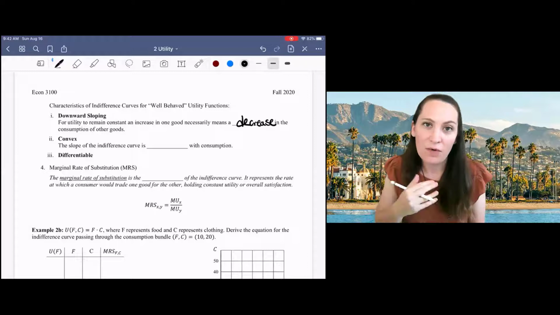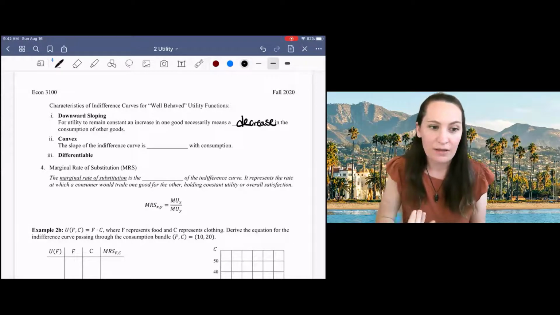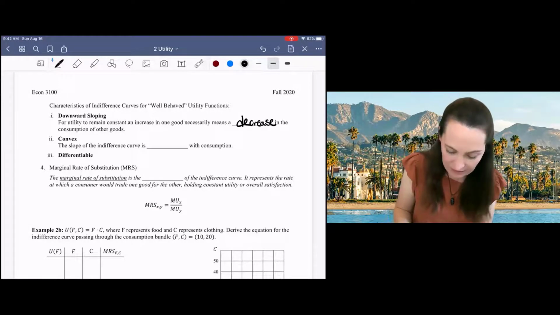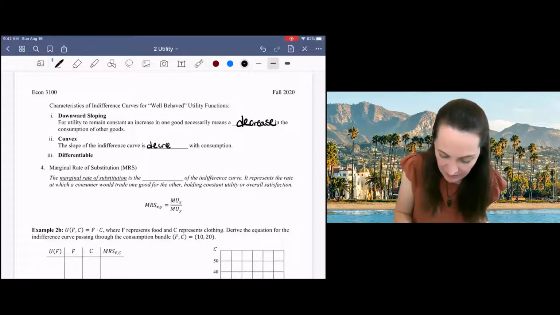The indifference curve will also be convex. That means that the curve is getting flatter, or the slope is decreasing as you increase consumption.